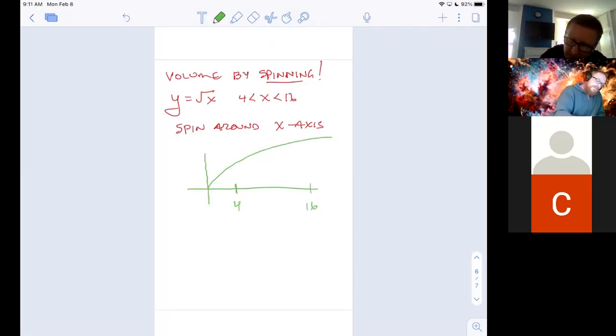We're only considering the part of this graph from 4 to 16, only that part right there. And what are we going to do with it? Well, we're going to spin it around the x-axis. Can you picture what that's going to produce?